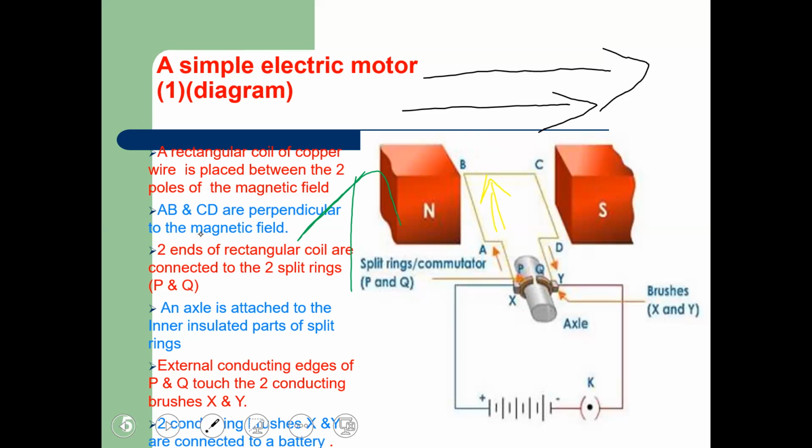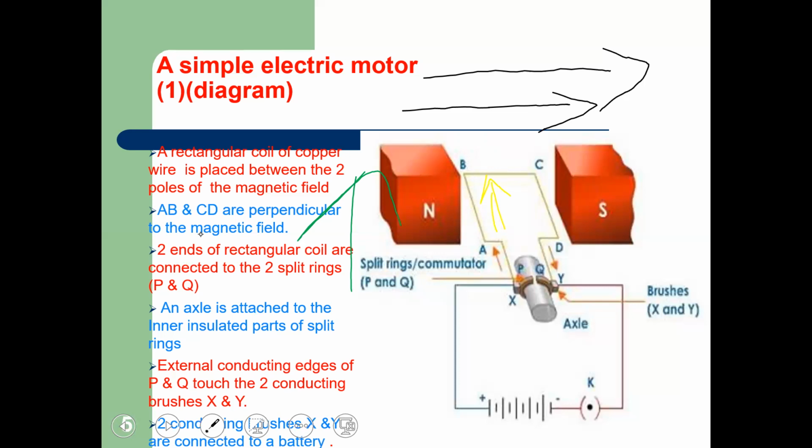So at every particular point in time, current will always flow in this path through semi-ring X into the coil in this direction, and it will induce a force that will cause this path to move upwards.